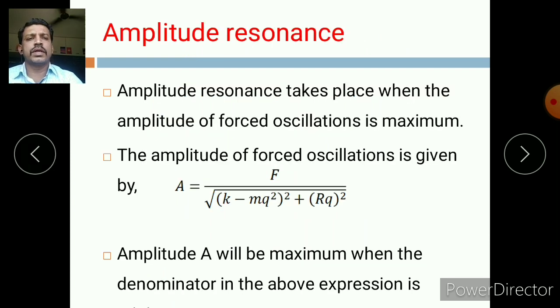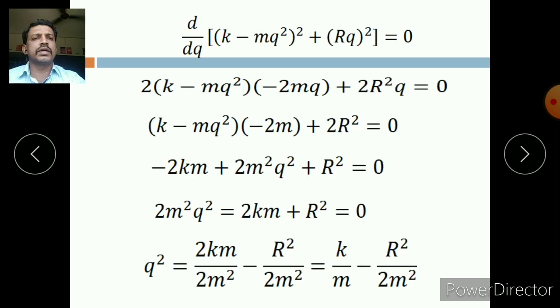Therefore here we take the derivative of the denominator term: d by dq of [(k minus mq²)² plus (rq)²] equals 0. So we differentiate this equation.